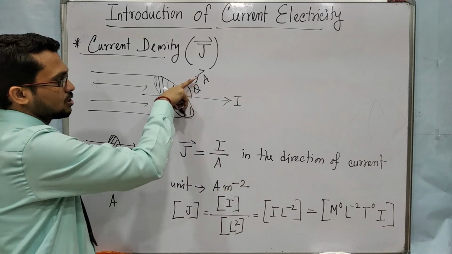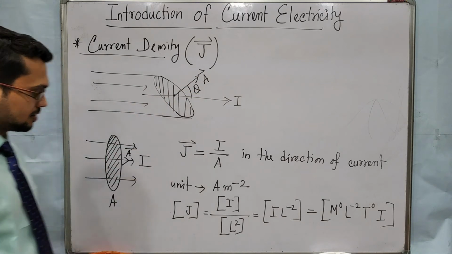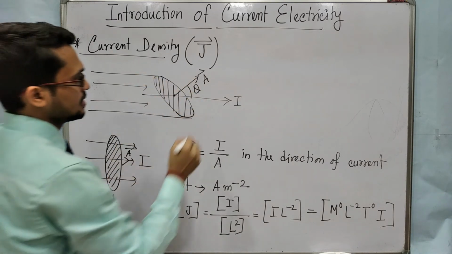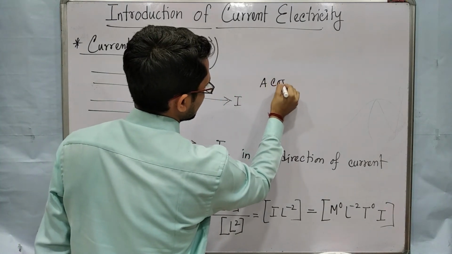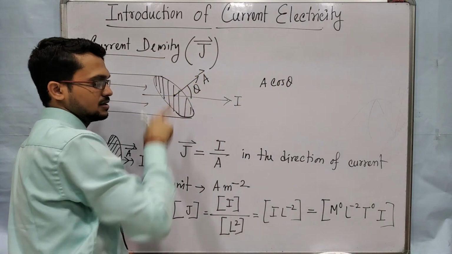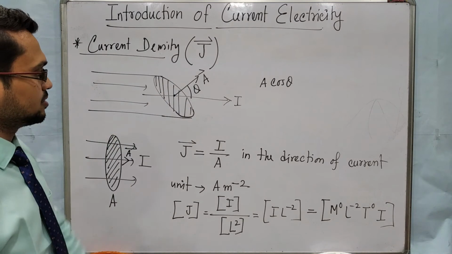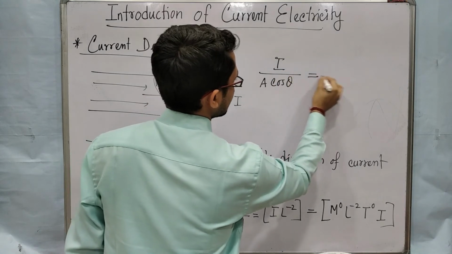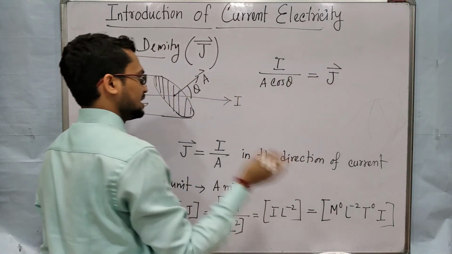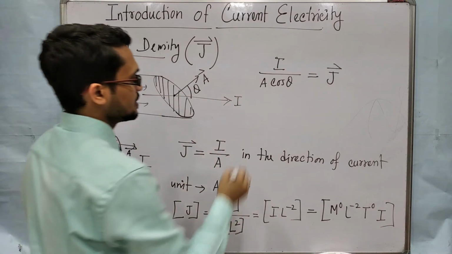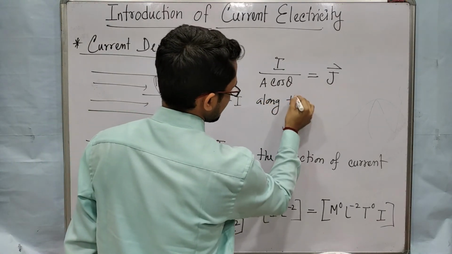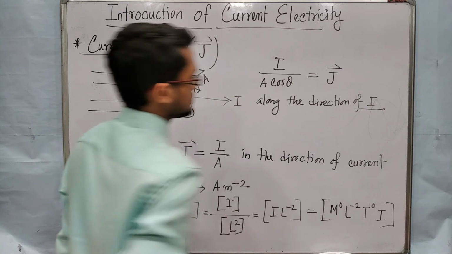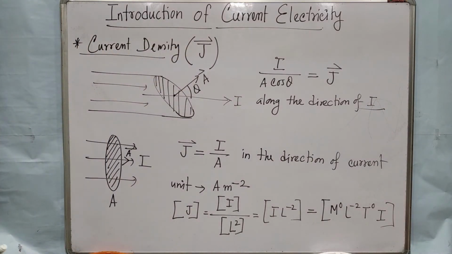So here we have to take the component of this area along the direction of current, that is A cos theta, where theta is the angle between them. Then divide the current by it and you get current density, with direction again along the direction of I. Clear?